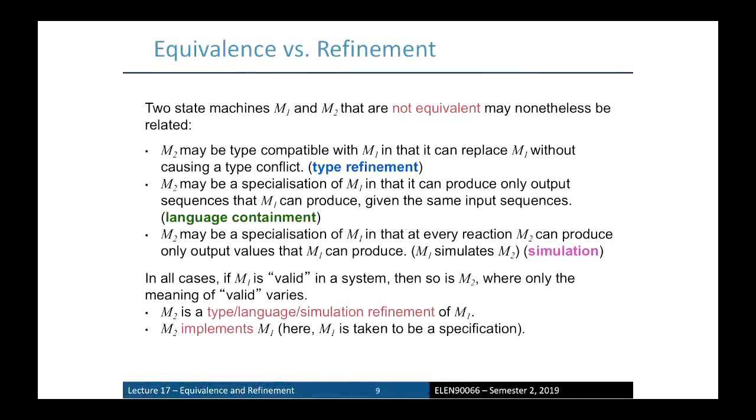All right, so we could still have two machines, M1 and M2, that are not equivalent. They don't satisfy those three exact things from the Kabuki example before: type equivalence, language equivalence, and bisimilarity. So we have three different things to look at.